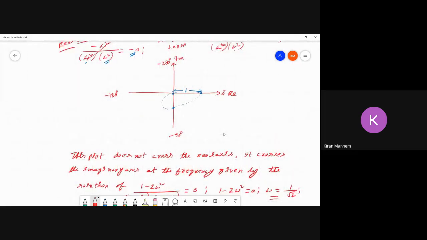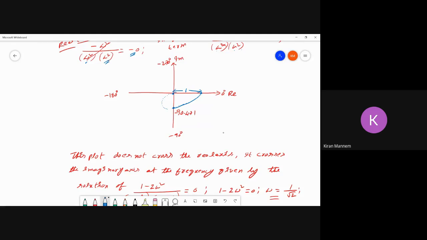So the crossing point is minus j 0.471, right? This is your ending point.